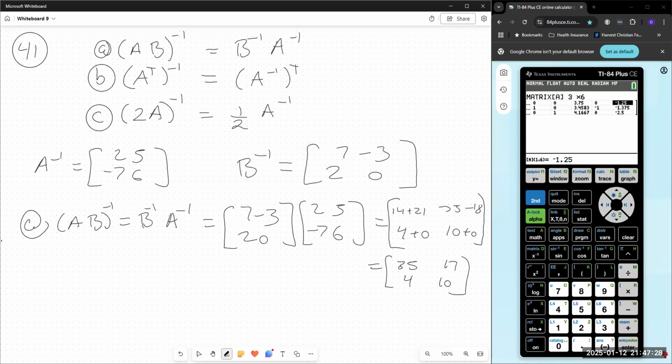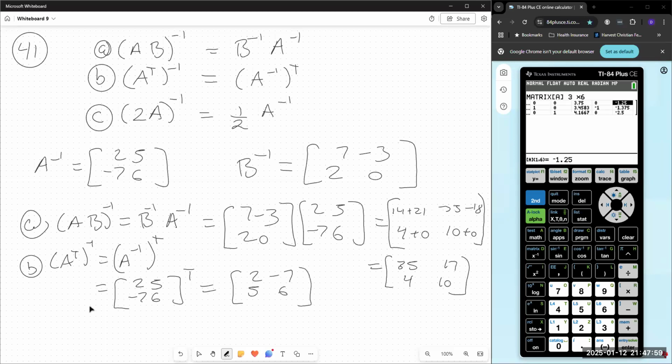Part B asks for a transpose inverse, which is A inverse transpose. So that is the transpose of 2, 5, -7, 6. So we make column 1 into row 1 and column 2 into row 2, and we're done.